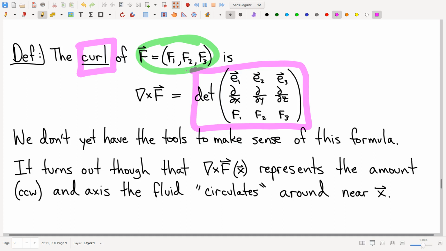This thing here is an important object of the calculus of vector fields. That's called the curl. And then, of course, you quickly recognize that this thing is, at least on a symbolic level, del cross F.